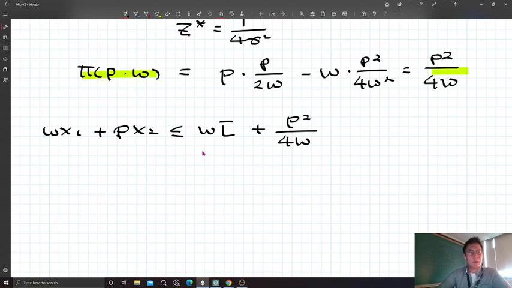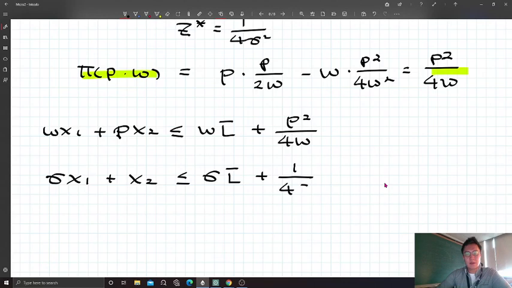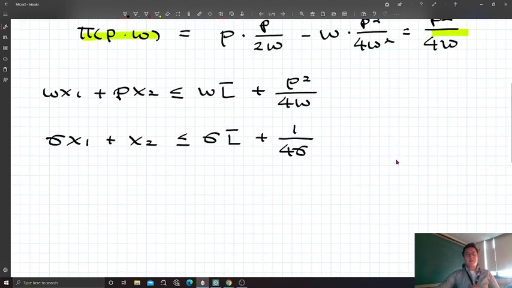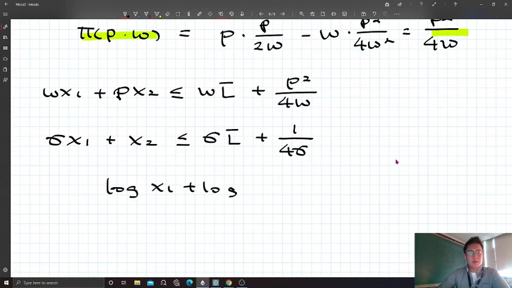Then w over p x1, so sigma x1 plus x2 is at most sigma L bar, and since we divided by p, the power of the numerator becomes 1, so p over w, that is 1 over 4 sigma, I guess.